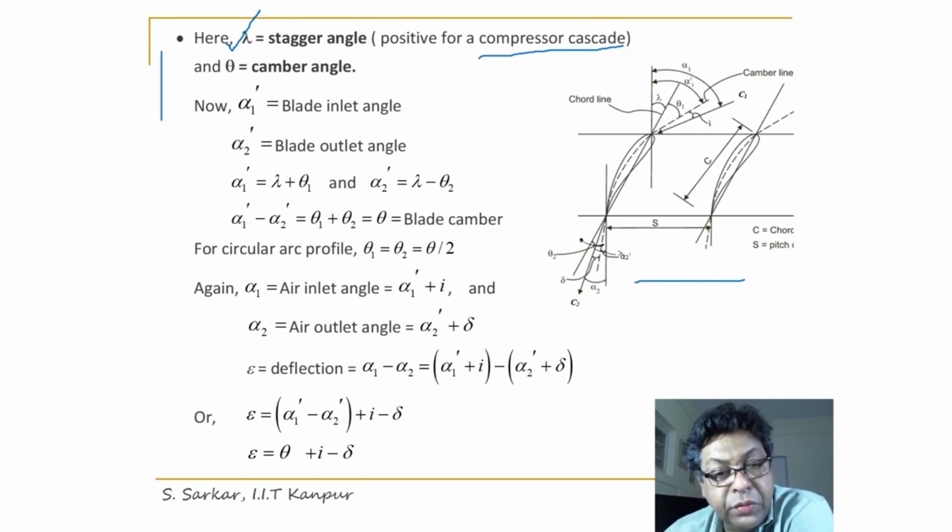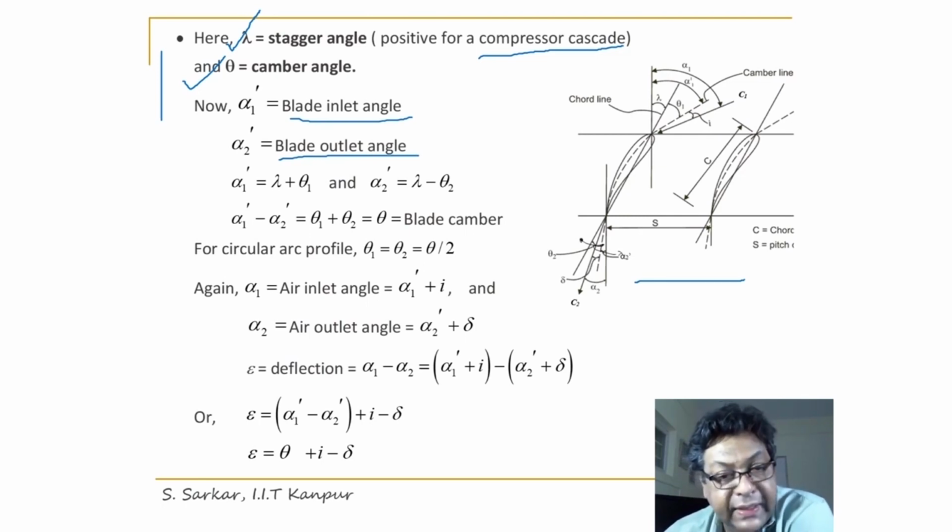With respect to lambda and theta, the camber angle, I can now define blade inlet angle alpha 1 dash and blade outlet angle alpha 2 dash.